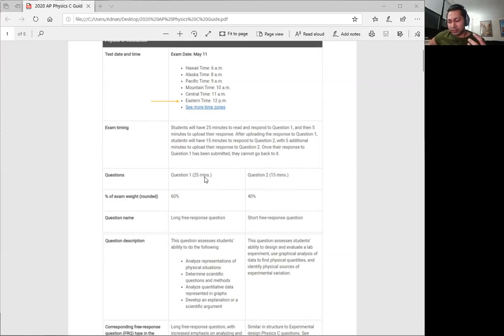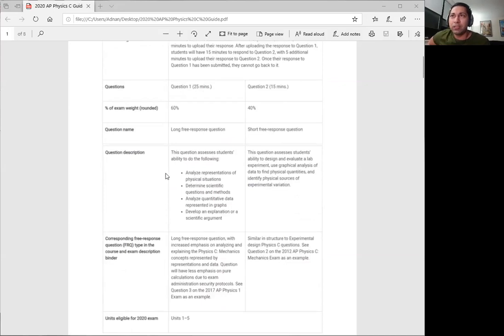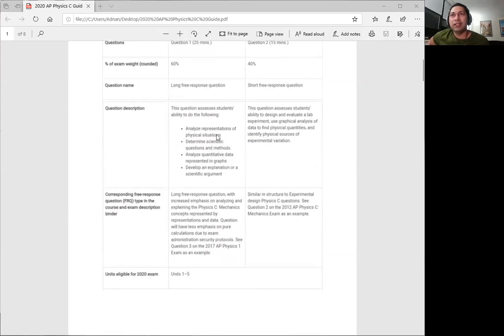So you do the first question. Let's take a look at the first question. It'll be a long free response question. And this is kind of different than what we normally do. What we normally do is I'll give you a question and you derive stuff. You're not going to have that for this test. It's more of an explain, or create a lab or something like that.